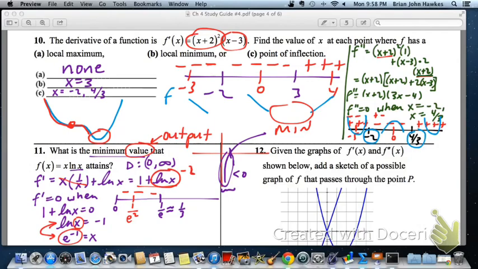So 1 minus 2 would certainly be negative, and that would be a better way. You don't need a calculator, you could just pick a better x value than 1/5. Anyway, to the right of 1 over e, we can pick e, and ln of e is 1, and 1 plus 1 is 2. So we do have positive there.